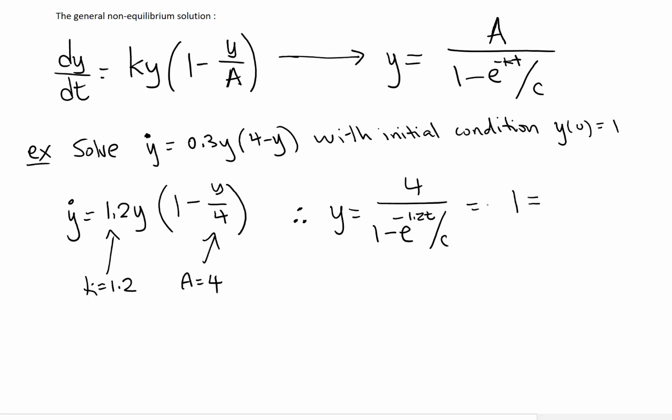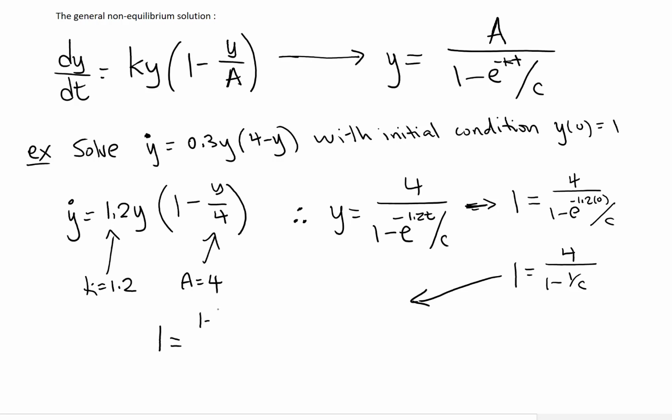So 1 is equal to 4 over 1 minus e to the negative 1.2, and we just continue this over this way.